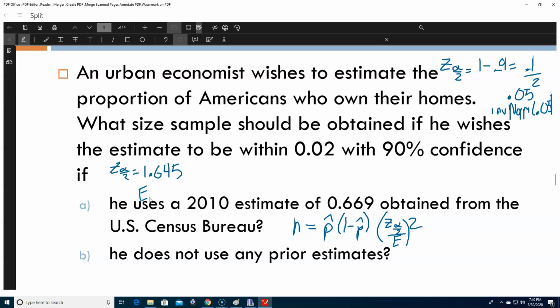E is equal to 0.02 and p hat is equal to 0.669.